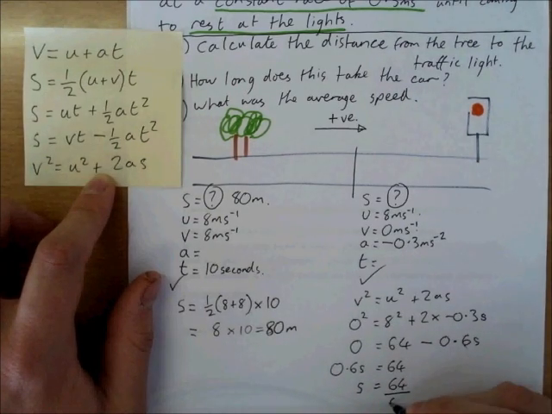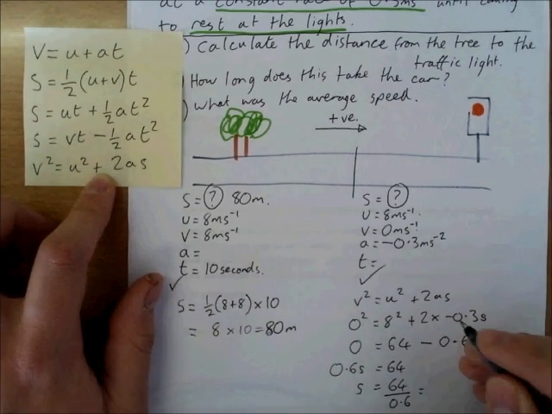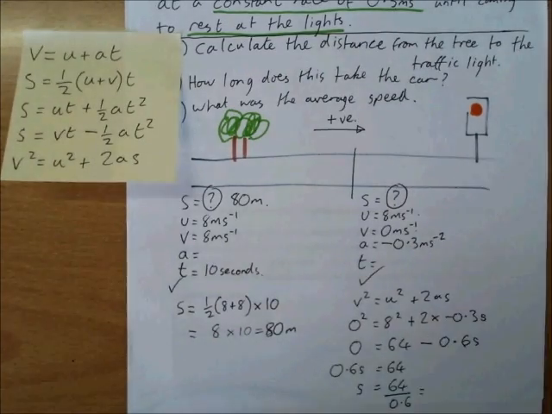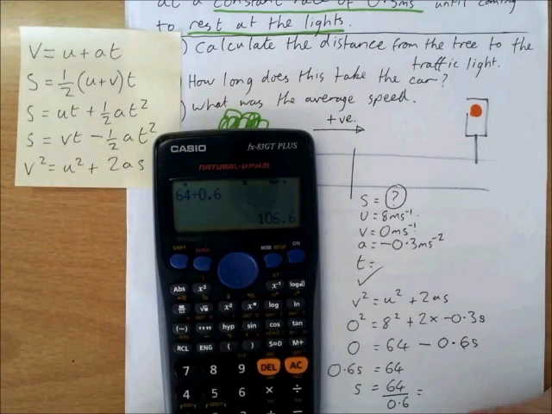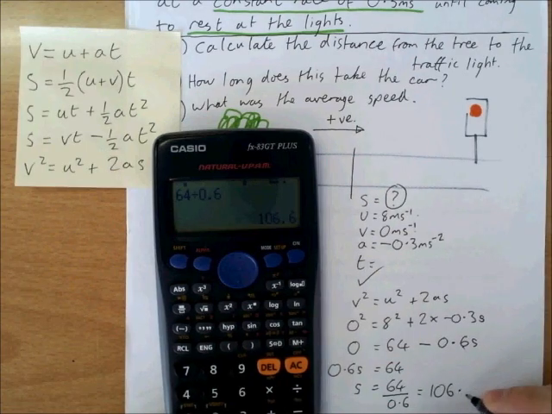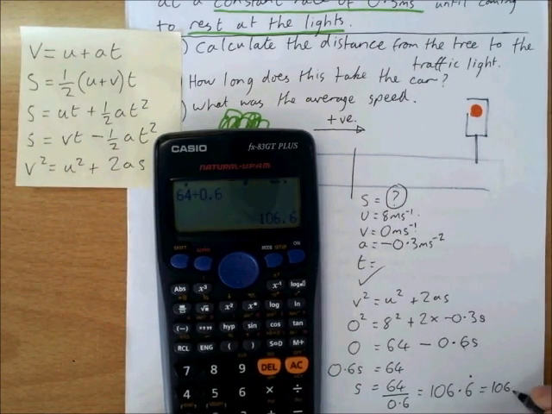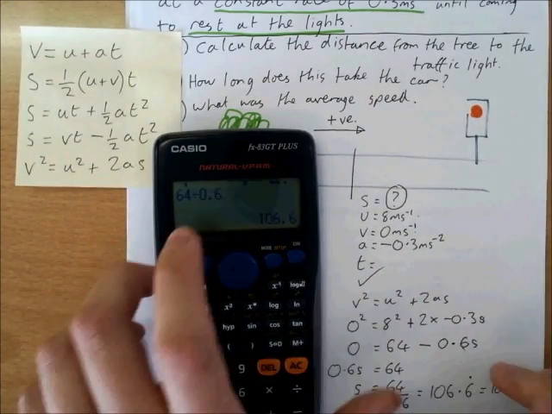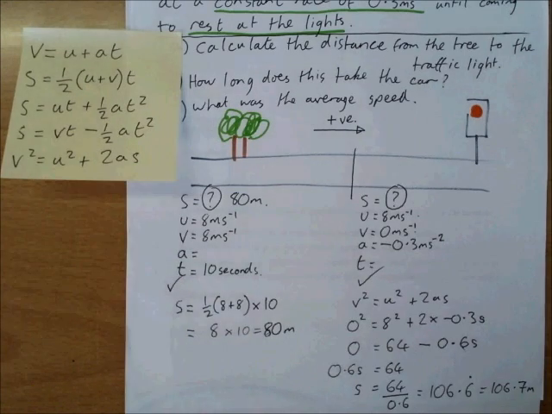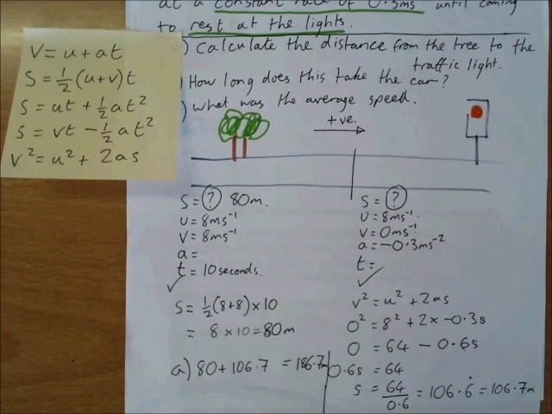So s will equal 64 divided by 0.6, which unfortunately is not going to give us a nice number, but we can always use our calculator. 64 divided by 0.6 is going to give us 106.6 recurring, or to one decimal place, 106.7 meters. For our answer to part A, you just need to add those together.